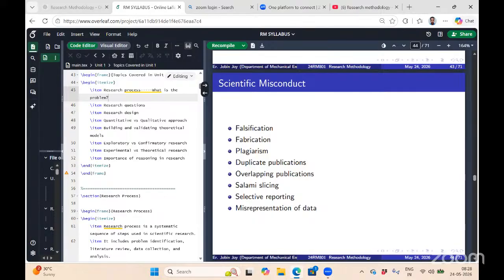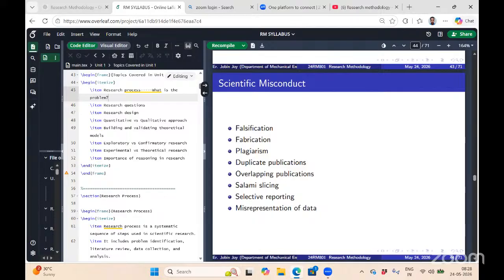Plagiarism means copying others' work without giving proper credit. For example, if you copy something from the internet and do not give proper citation in the thesis, this is an example of plagiarism.